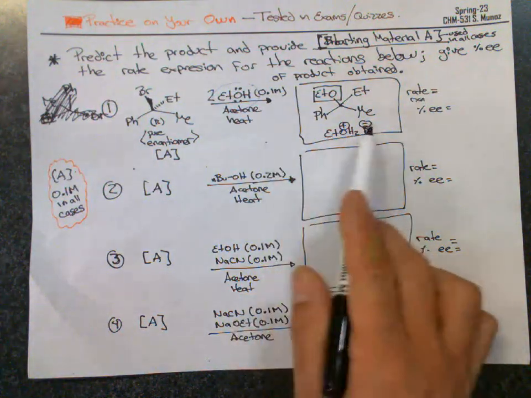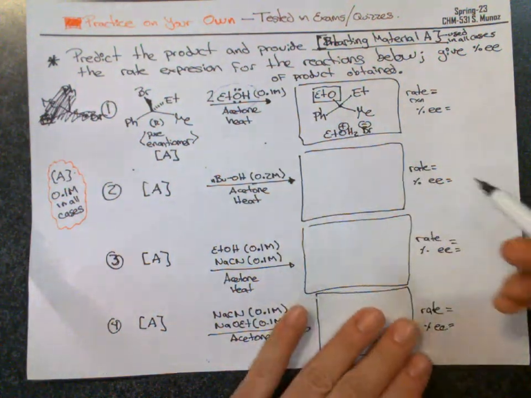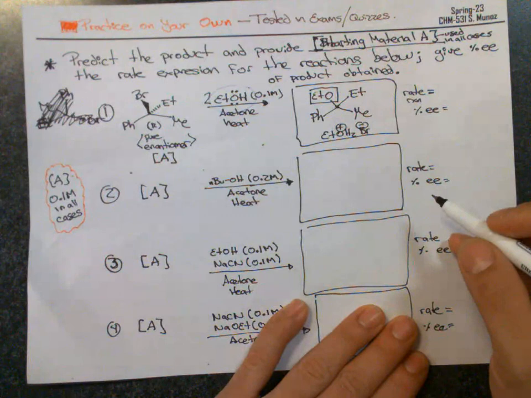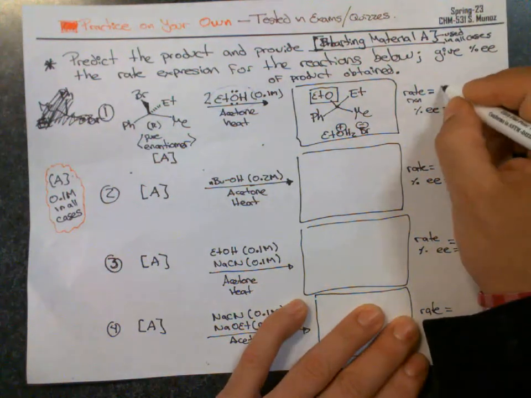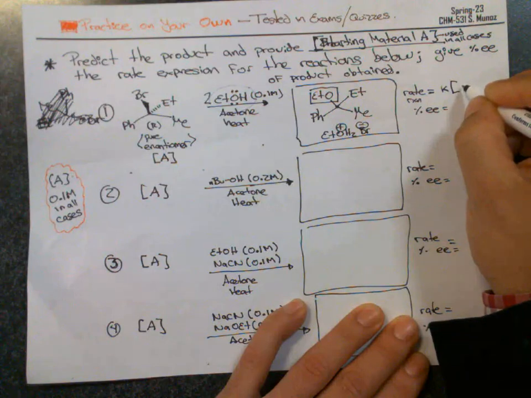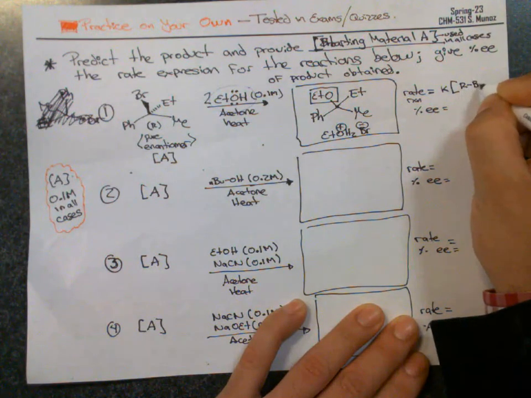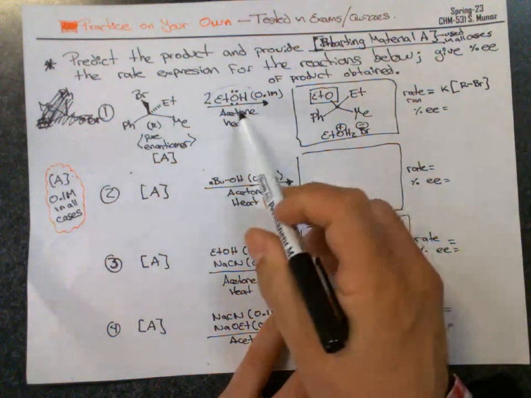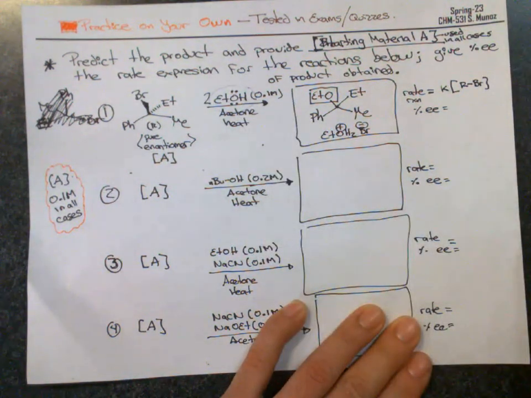But what about the rate of this reaction? It's an SN1, so you should have come up with the following: the rate constant times the concentration of your alkyl bromide. The concentration of ethanol does not play a role in that rate.